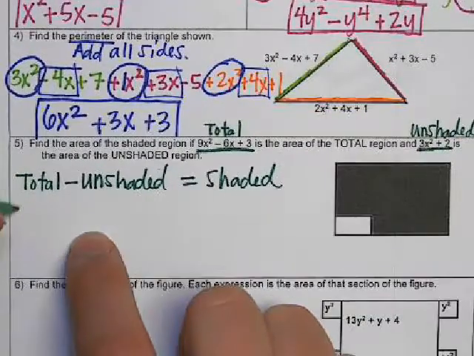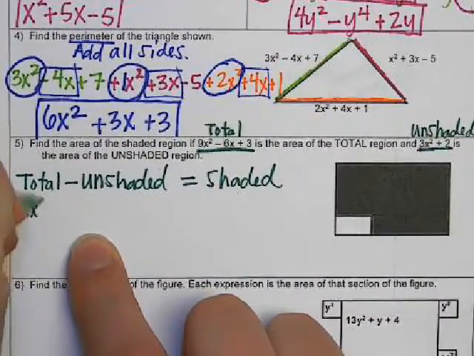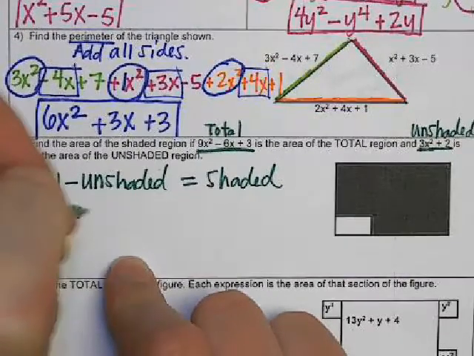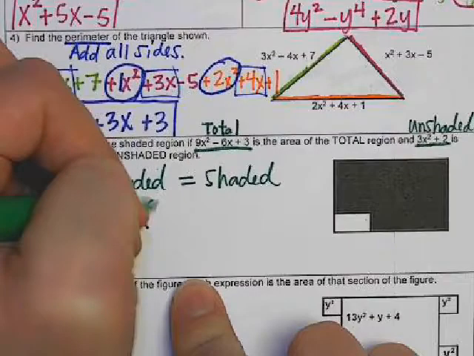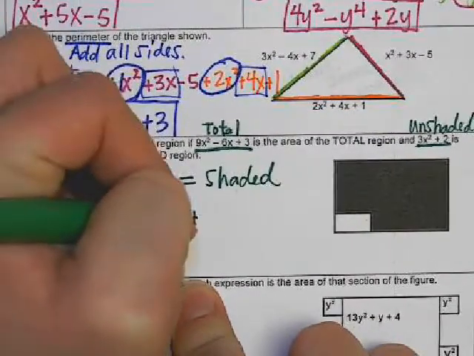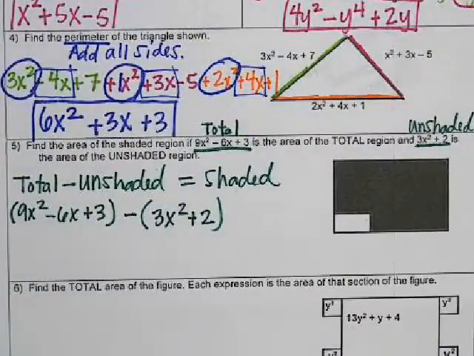So our total's got to be in parentheses. 9x squared minus 6x plus 3 minus our unshaded 3x squared plus 2. So what I meant by that was I have to distribute a what back here?